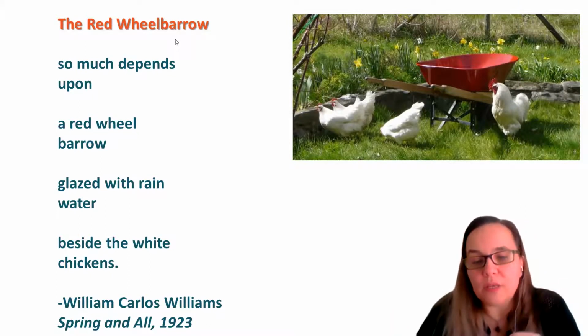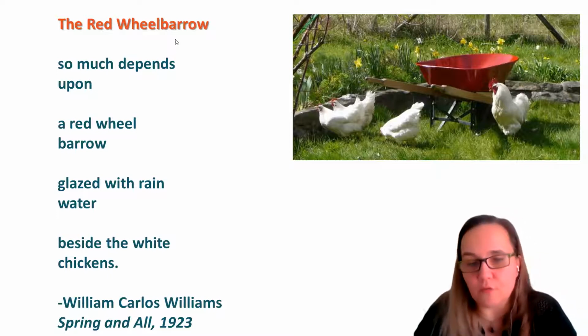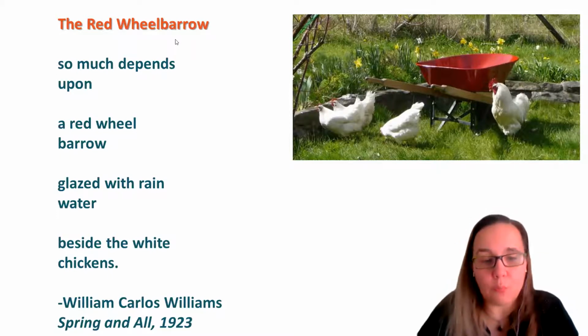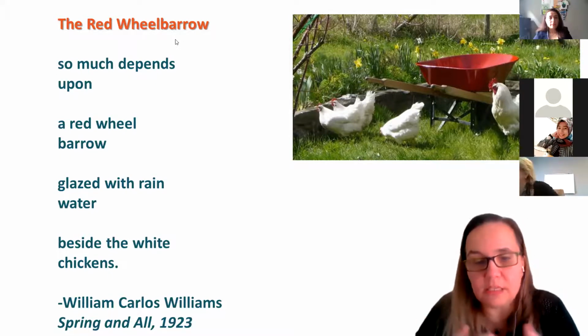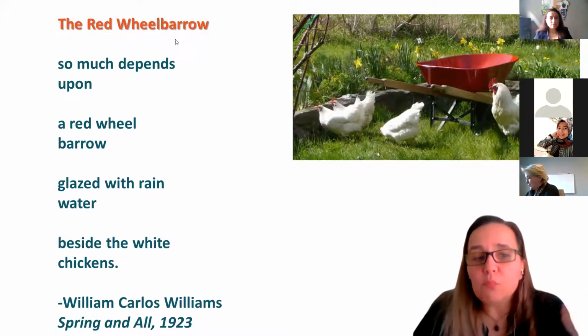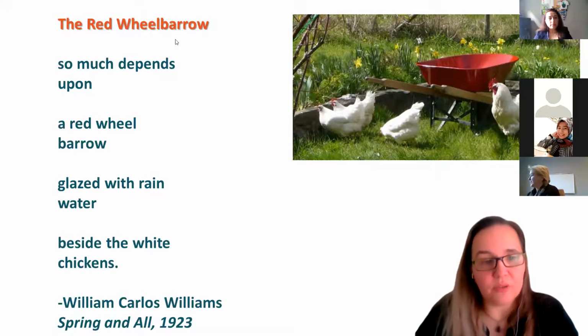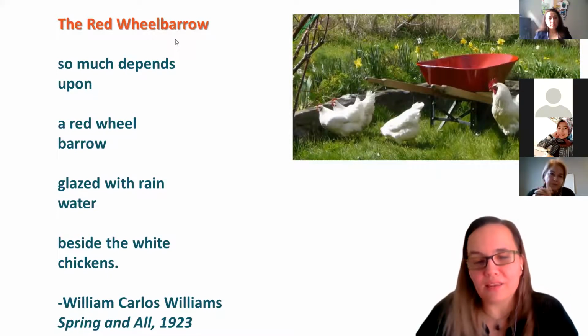The Red Wheelbarrow is one of the first icons of this imagism, and Williams is one of the first poets to appeal to this. And this is from a book published in 1923, Spring and All. So much depends upon a red wheelbarrow glazed with rainwater beside the white chickens.